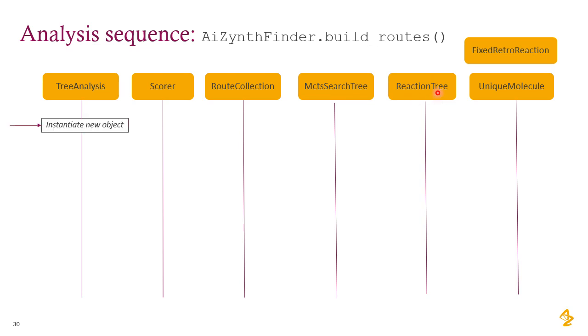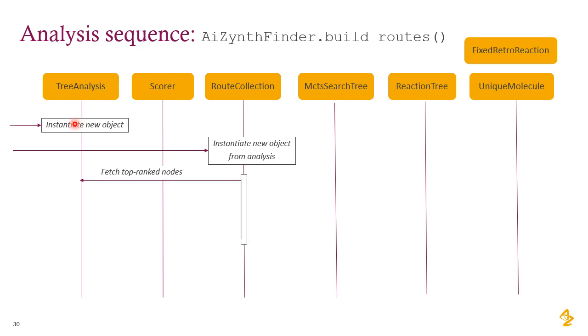So the first thing that AiZynthFinder is doing is to instantiate a new tree analysis class and a new route collection class. And when instantiating the new route collection class, it will pass the tree analysis class to it. And the route collection will use the tree analysis to fetch the top ranked new nodes.